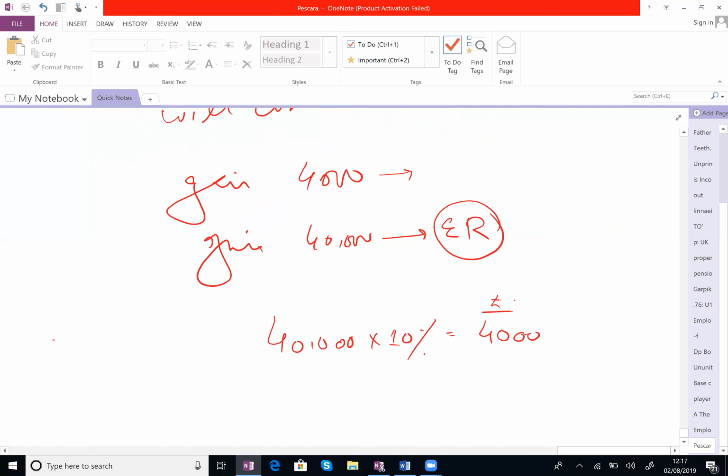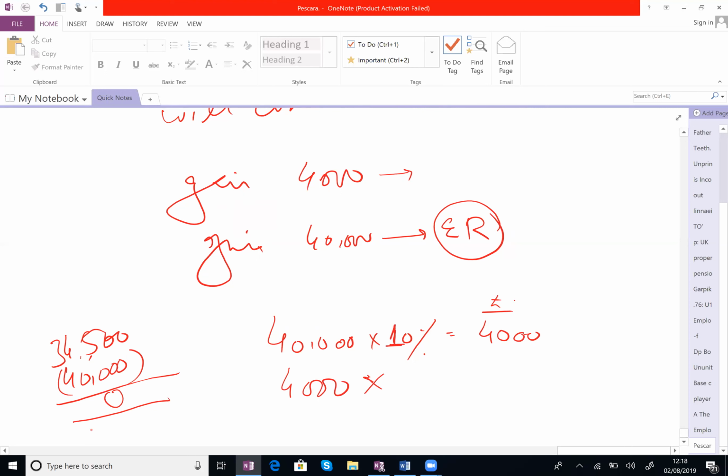Now tell me, your basic band is 34,500. How much is consumed by the gains which qualify for entrepreneur relief? All the 40,000 gain. It means these gains consume all my basic band. Now the other gain of 4,000, not qualifying for entrepreneur relief, which tax rate will I apply?